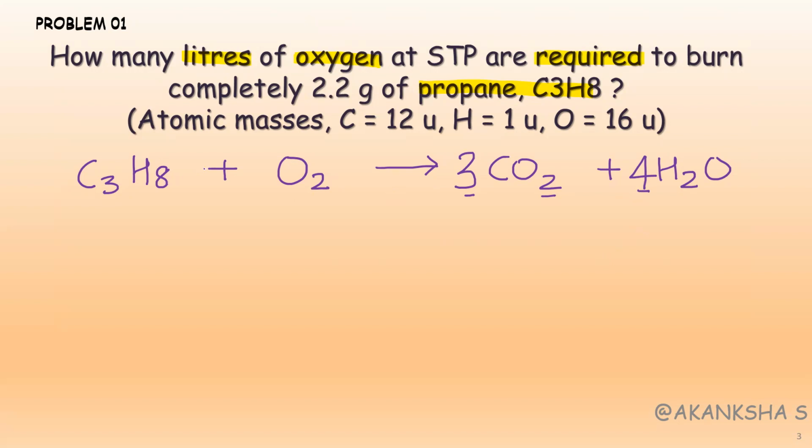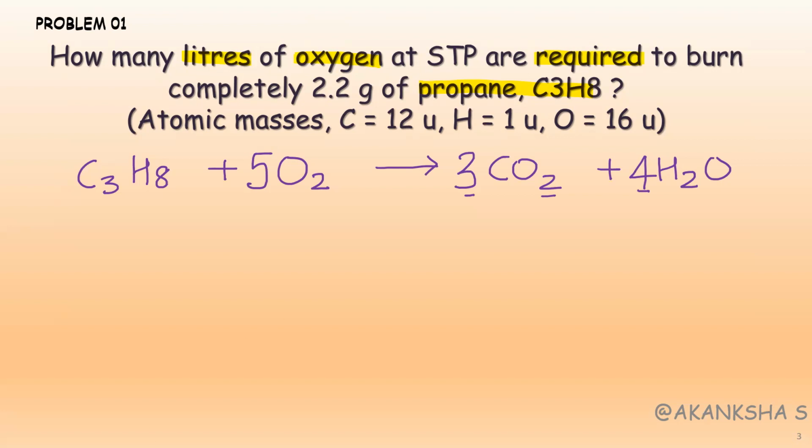So we can simply put a coefficient 5 over here and the reaction becomes balanced. Mind you, this is one of the types of questions where only reactants are given. There is no mention of the products. Under such conditions, having some basic knowledge of organic chemistry always comes in handy.